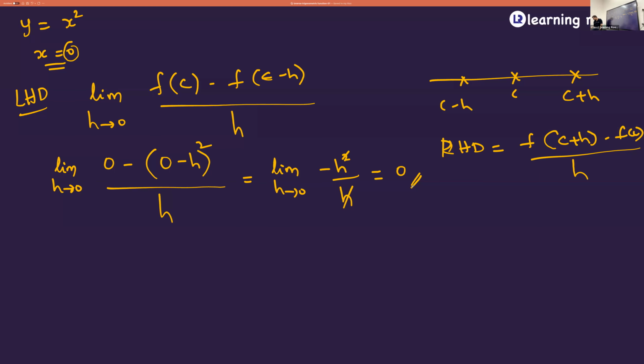How did you get it? Right hand derivative. h or other. Limit substitute.